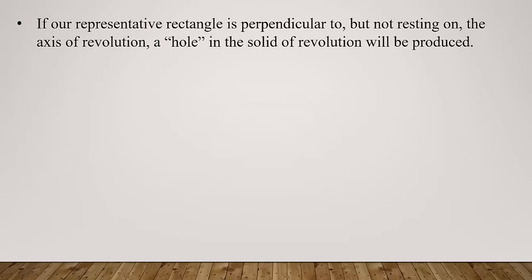Continuing on in this section, if the representative rectangle is perpendicular to, but not resting on or touching, the axis of revolution, a hole in the solid of revolution will be produced. When you do the revolution, you're going to get a hole in the solid, kind of like a donut.